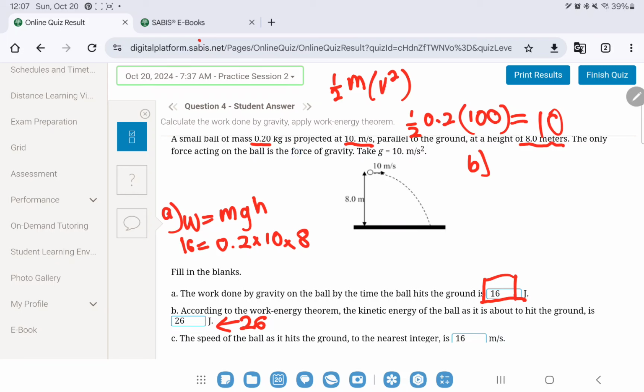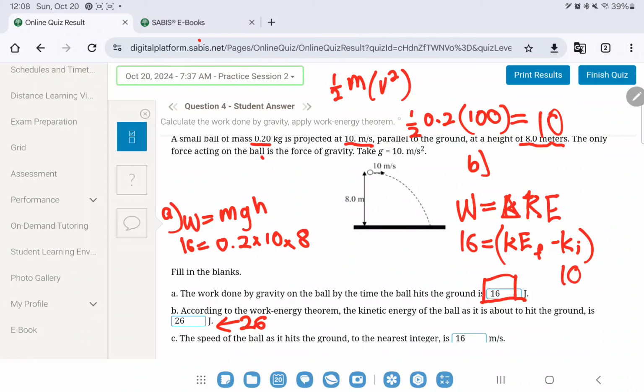I remembered it. It's work equals delta kinetic energy. I don't know why I wrote it so small in my copybook. Anyways, so work, we found it to be 16, and delta kinetic energy is equal to kinetic energy final minus initial, and the initial, you got it to be 10.